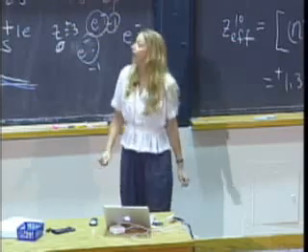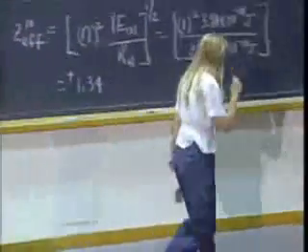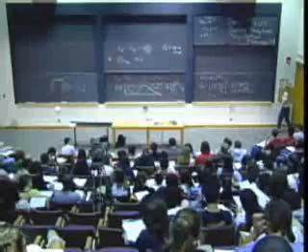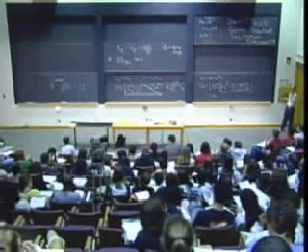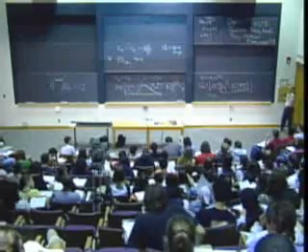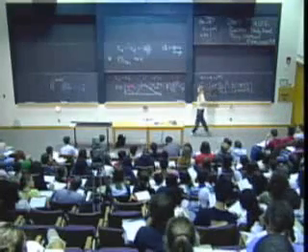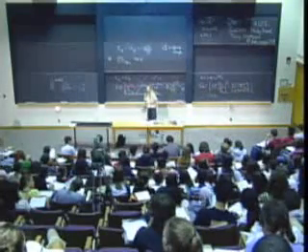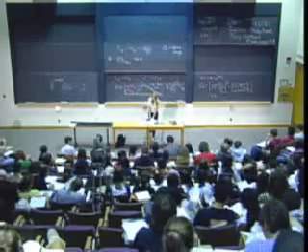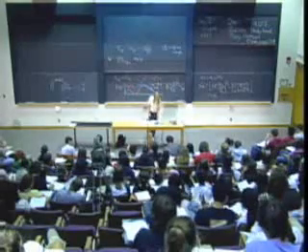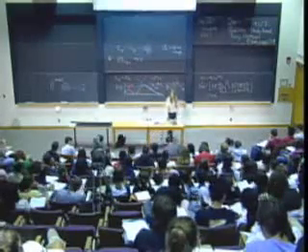Okay. So now, how do we actually write the electron configurations for all of the atoms in the periodic table?